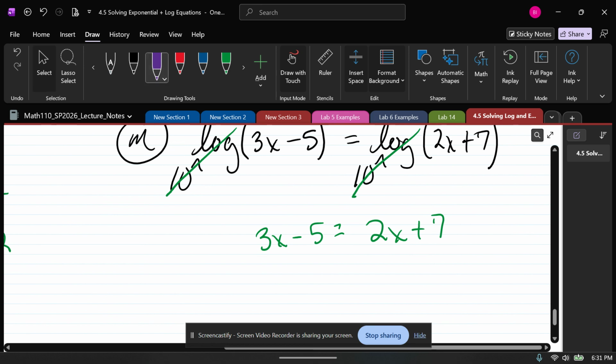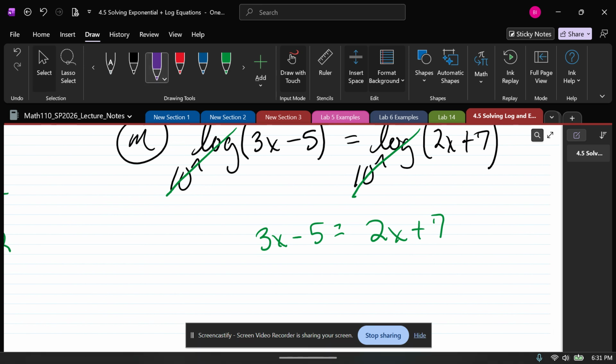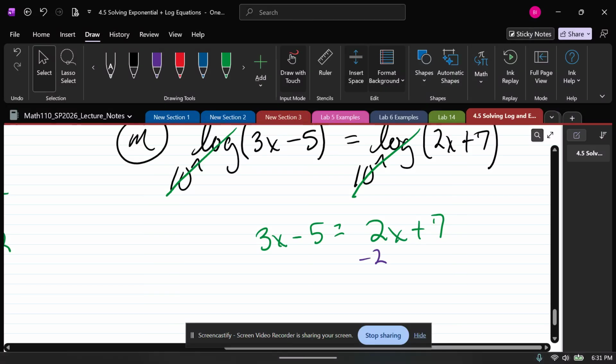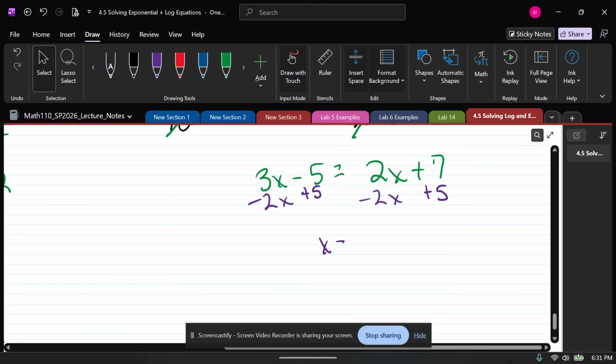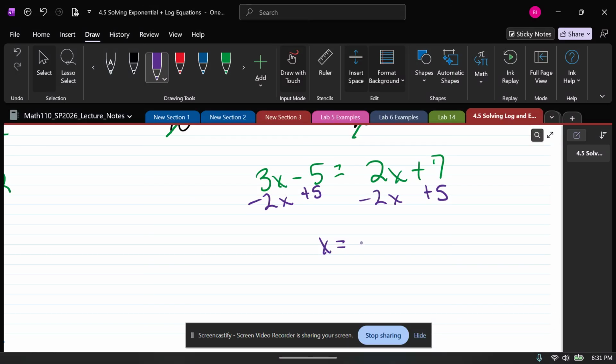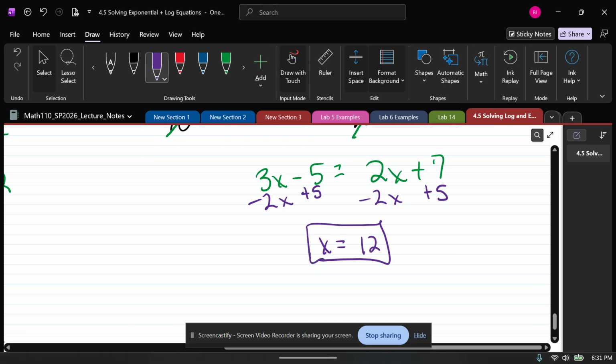What do I do to solve that? Subtract 2x, good. And add 5. I heard somebody say that. And that's going to be x equals what? 12. Hey, we got our answer. We don't even have to get a decimal approximation for that one. That worked out real nice. Got to be 12. Okay.